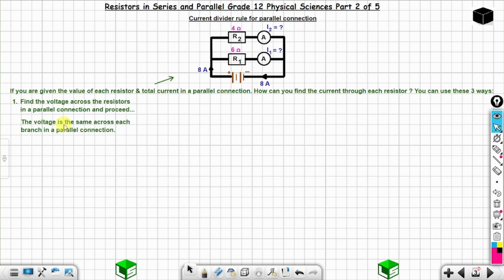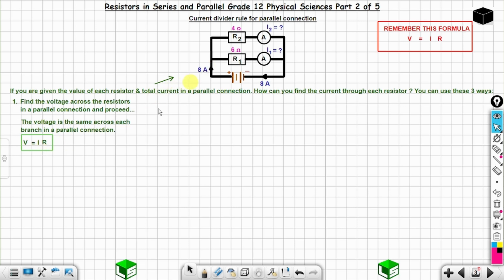You are going to use this formula. Remember this formula, you are going to need it.